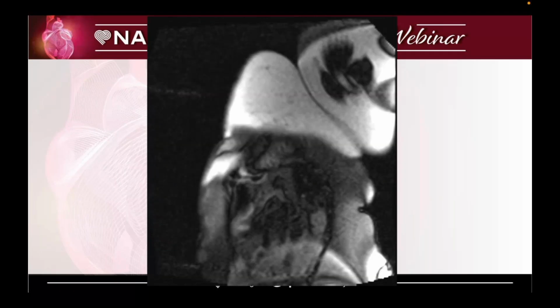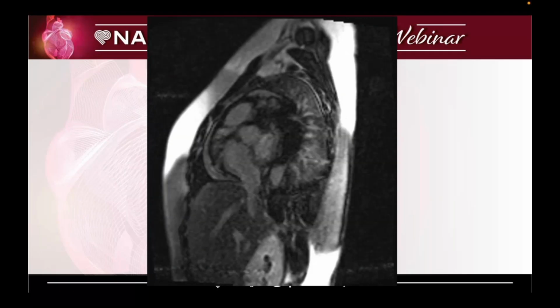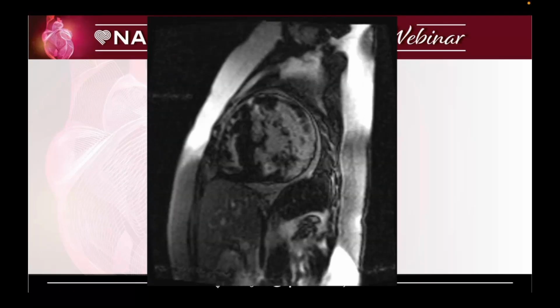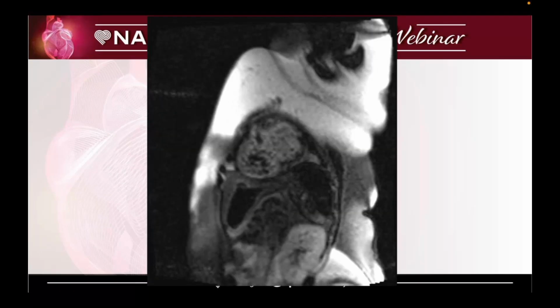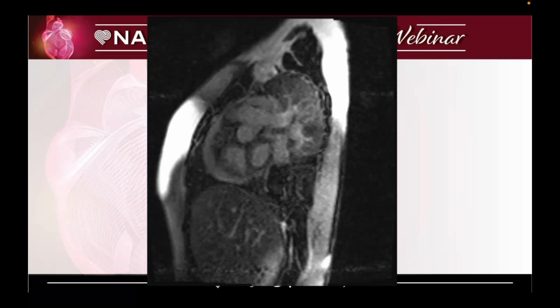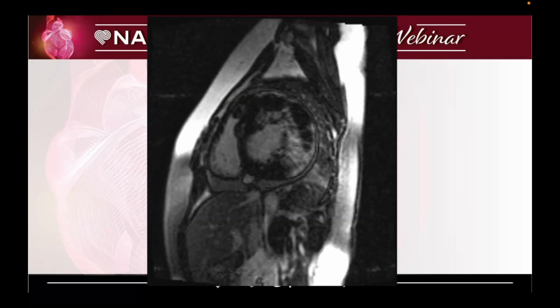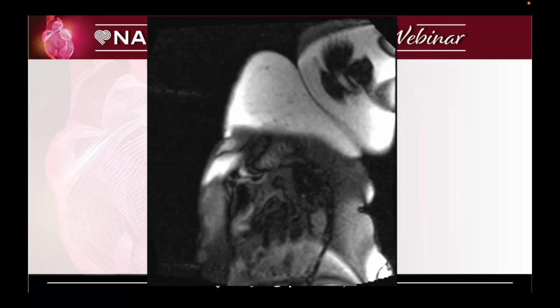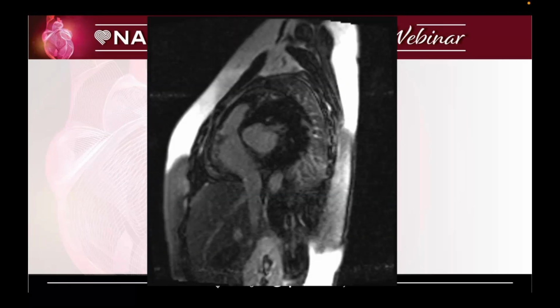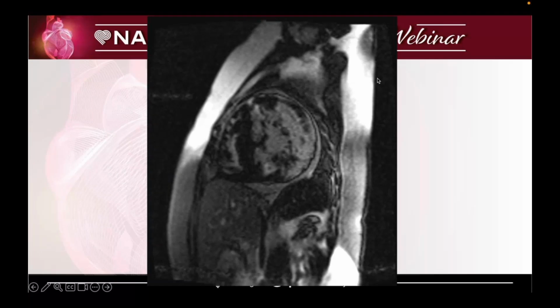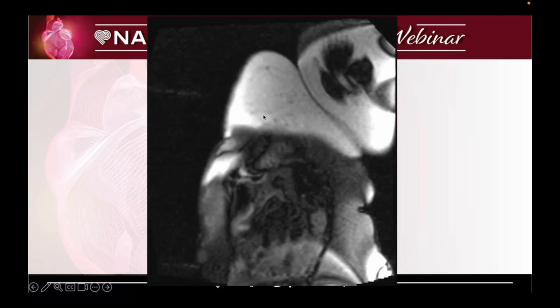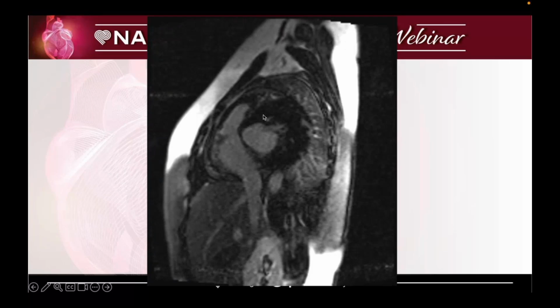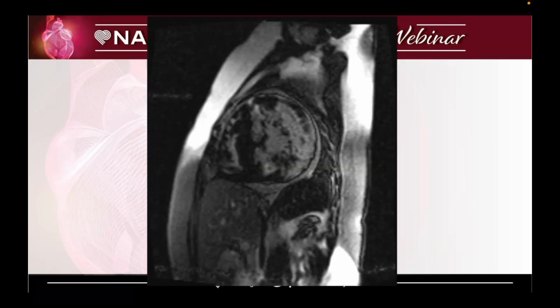Any idea about the diagnosis? This is a post-contrast delayed gadolinium enhancement image. You notice that there is severe concentric hypertrophy of the myocardium. Any suggestions about the differential possibilities?